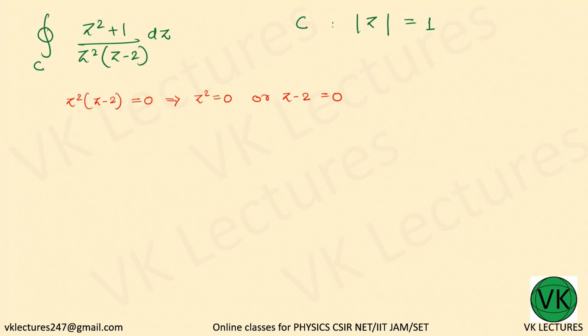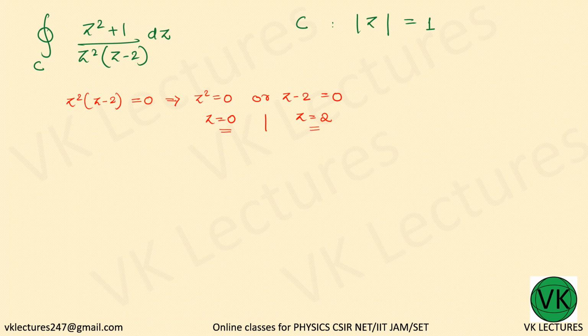When z square equal to 0, we can write z equal to 0, and for z minus 2 equal to 0 means z equal to 2. So there are two values for z, either z equal to 0 or z equal to 2.